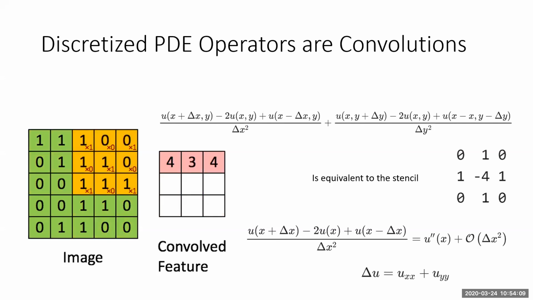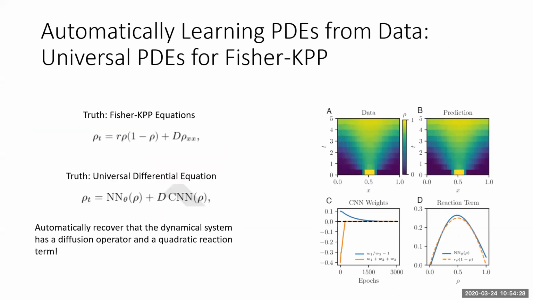When you do the finite difference method for the second derivative operator, you get a very specific stencil: 0, 1, 0, 1, -4, 1, 0, 1, 0. Basically that says that if you were to learn the stencil, then that tells you what must be happening in the governing process. One way that we made use of that was for automatic discovery of PDEs from data. Here the true equations are the Fisher-KPP equations.